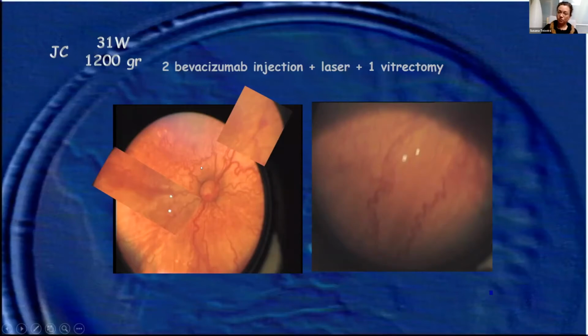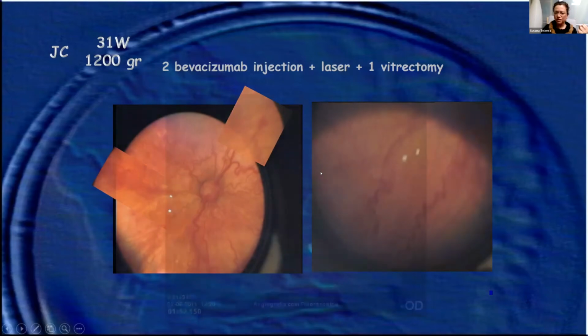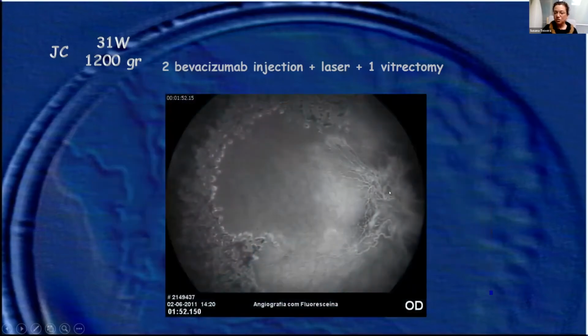I injected once, it had a relapse three months later, I injected twice, and three months later again he had another relapse. I did laser, and after the vitrectomy, there was a whole contraction of the retina to the optic disc. So this is an abnormal ROP, as I can say.